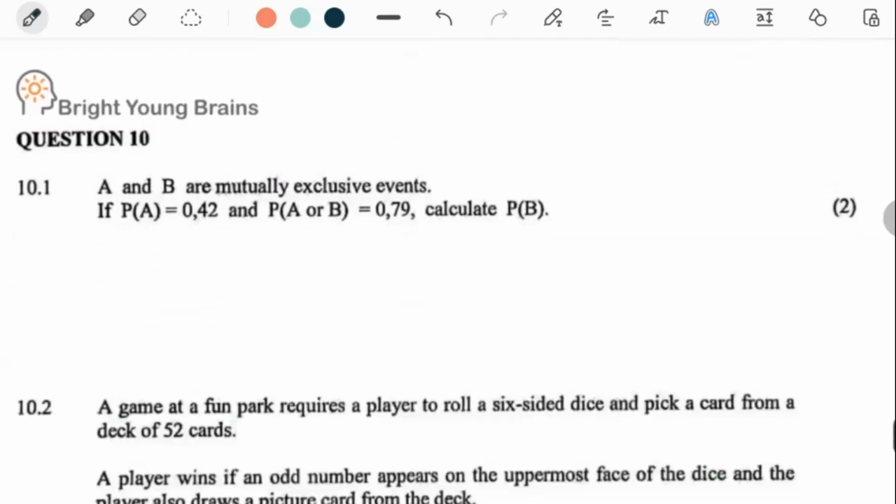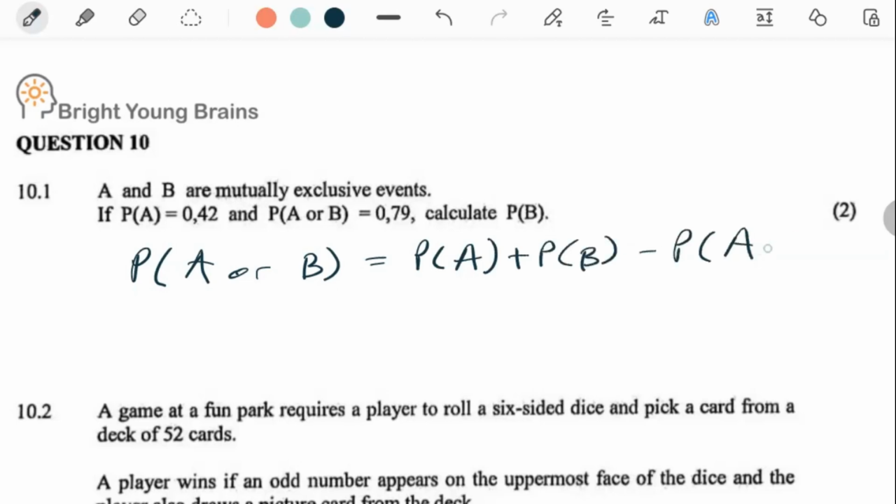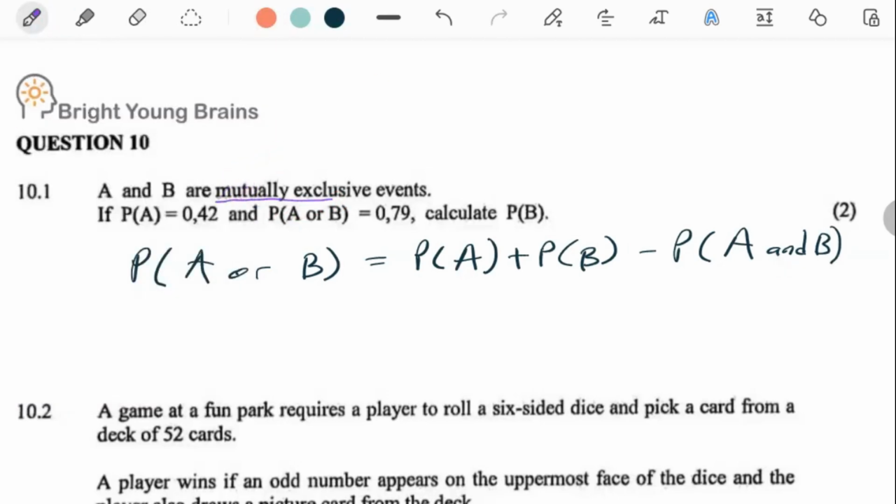This is as straightforward as a question gets because the probability of A or B, according to your formula sheet, is equal to the probability of A plus the probability of B minus the probability of A and B. One thing we need to be careful of is that mutually exclusive events means that the probability of A and B is equal to 0.